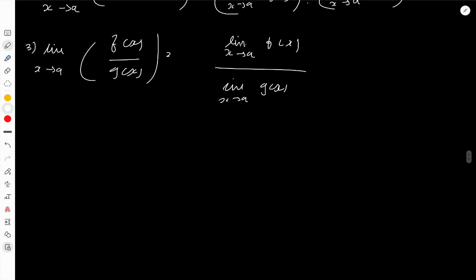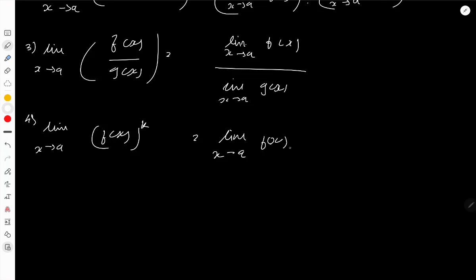Now if a function is like this, limit x tends to a f of x to the power k, then it becomes limit x tends to a f of x to the power of k.